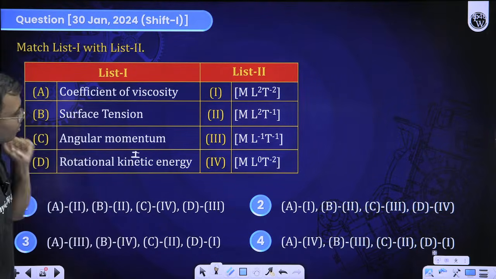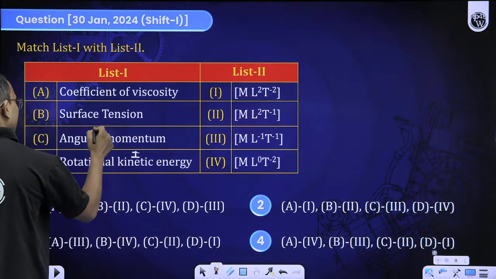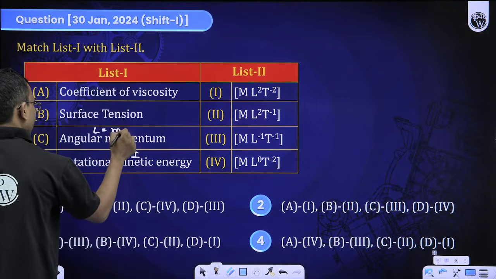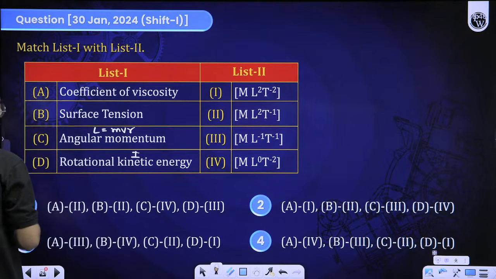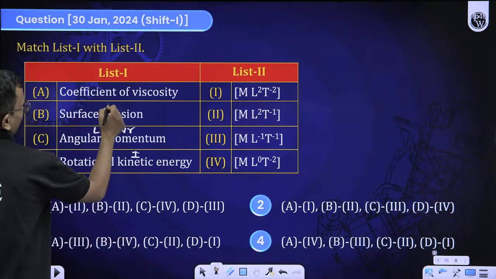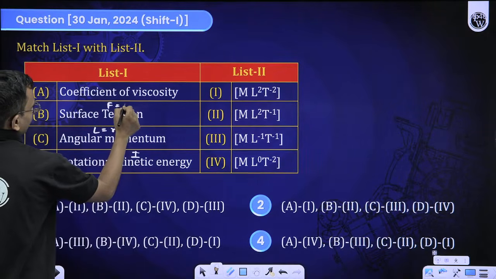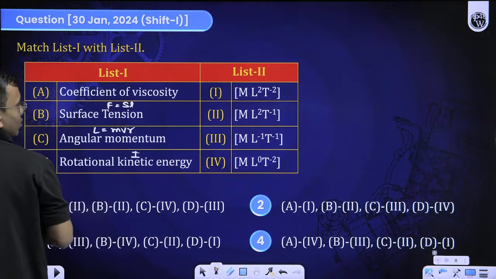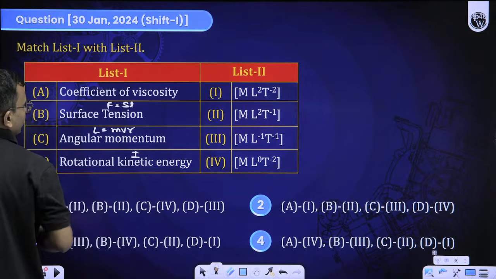Angular momentum, which formula you can use is L equals m v r. For surface tension, force is equal to surface tension into the length. You can use this formula for surface tension.